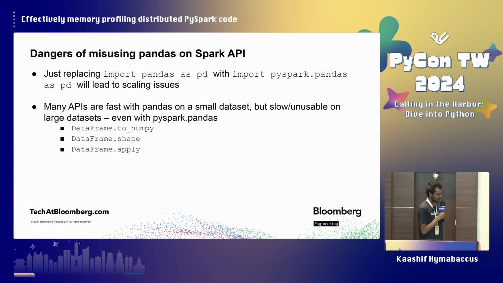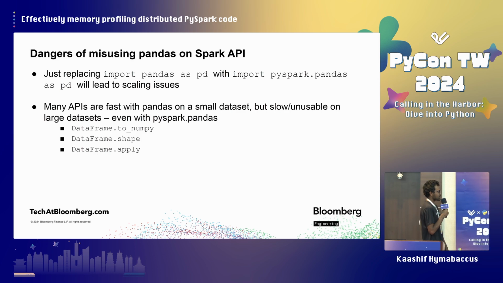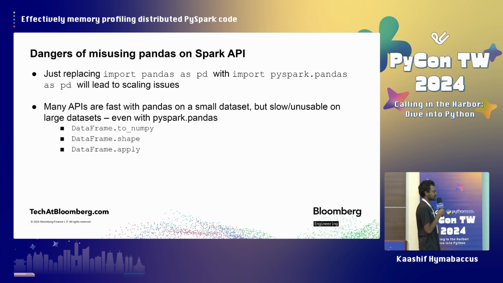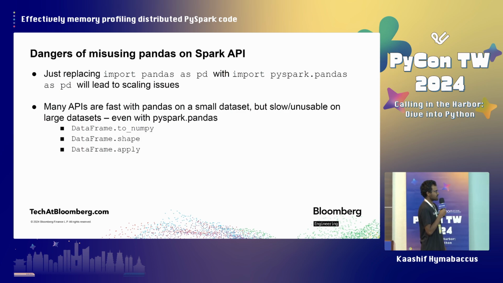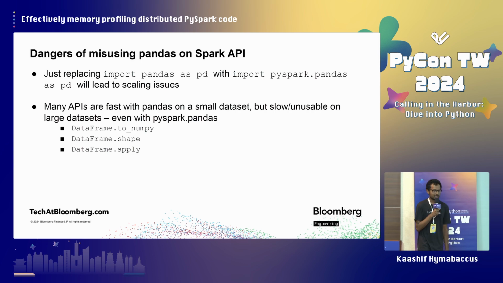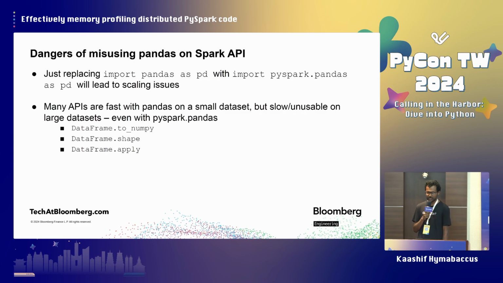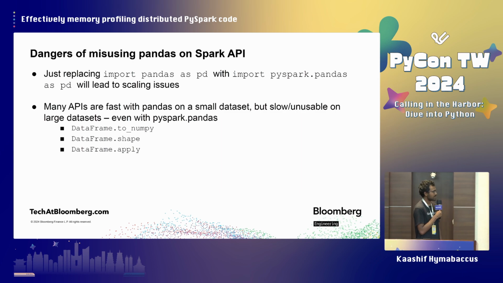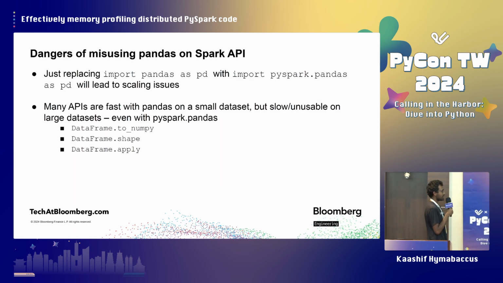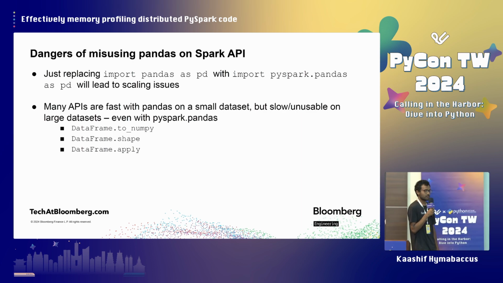So this is one of the points I want to highlight. When you're trying to scale your pandas code up, and you're trying to use PySpark pandas, so the pandas on Spark API, if you do this naively and don't really understand what you're doing, you may run into all these kinds of issues. The first one we saw is to NumPy. That's an obvious one because it loads all of the data into the driver, into one process.